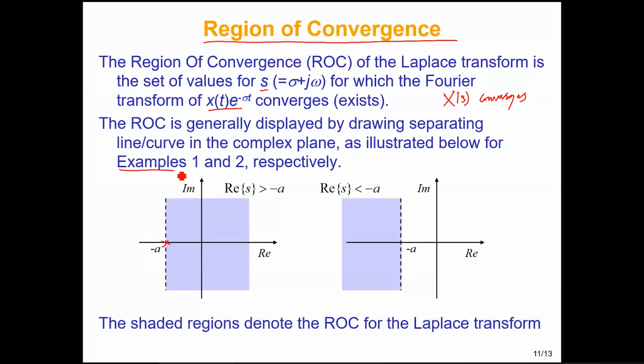And we saw in example 1 and example 2 respectively the region of convergence. In example 1 it was this region, in example 2 it was this region, and we saw that in example 1 we had a causal signal, and here we had an anti-causal one. So the shaded region denotes the region of convergence for Laplace transform, and they are important for us.